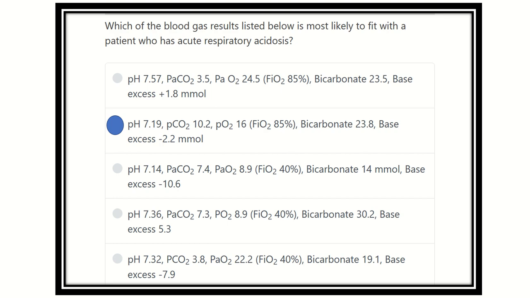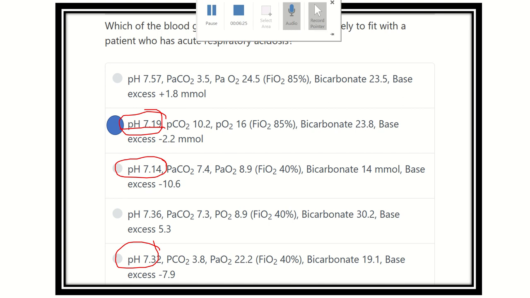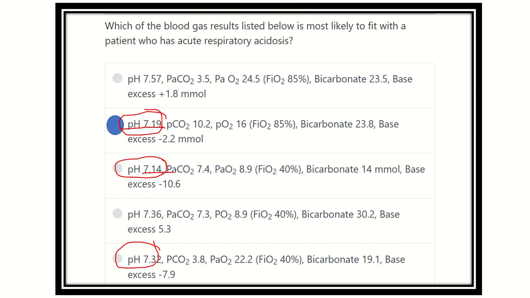So these three options may be 7.19, 7.14 and 7.32. Here the answer is ready, but let's analyze other options, such as 7.14. In this condition, first pH decreases, so partial pressure of carbon dioxide increases. Here we can see the normal range of partial pressure of carbon dioxide is up to 6, so it increases.